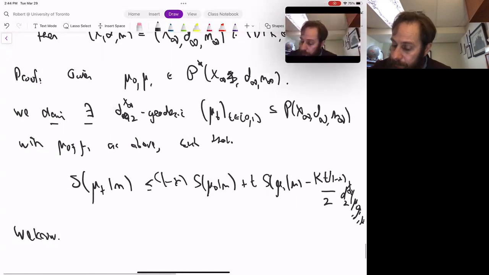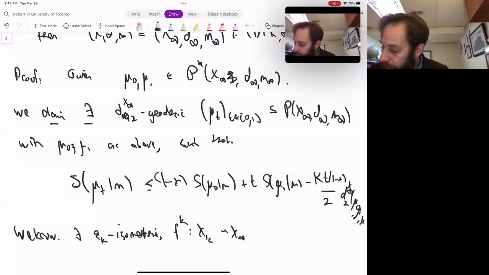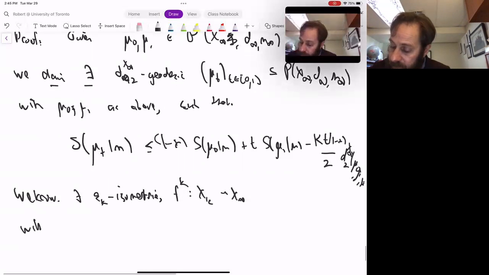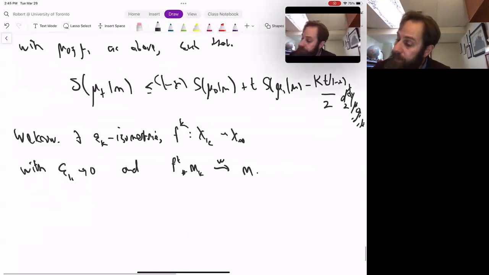We know there exist, let's say, epsilon k isometries fk taking the approximating space Xk, with epsilon k going to 0, and fk push forward mk going weakly to the limiting measure m infinity.